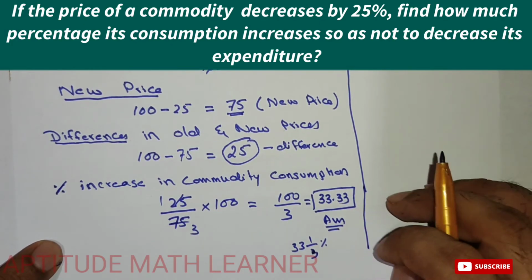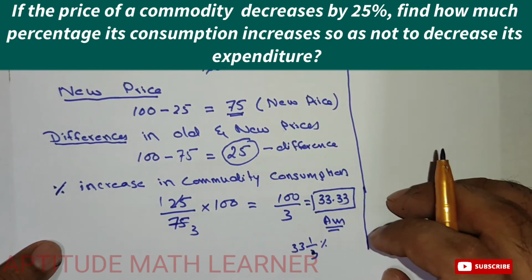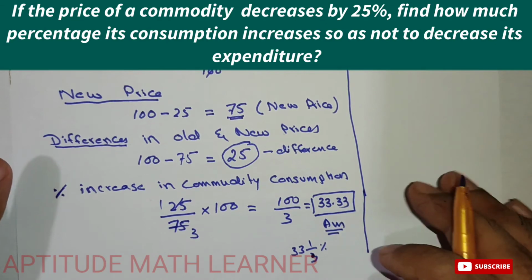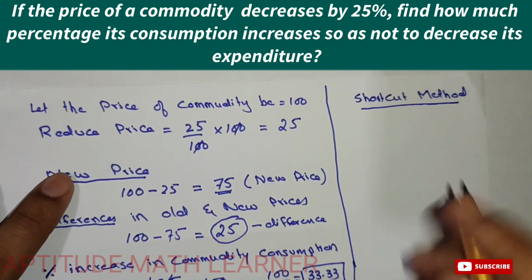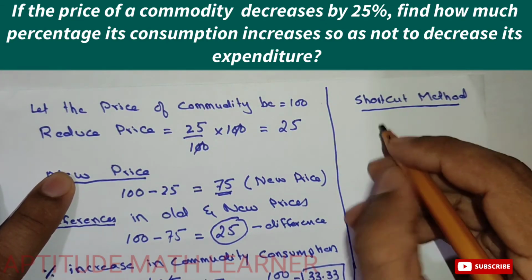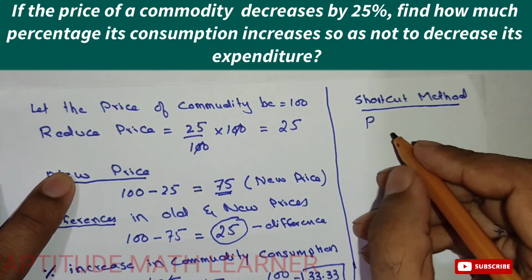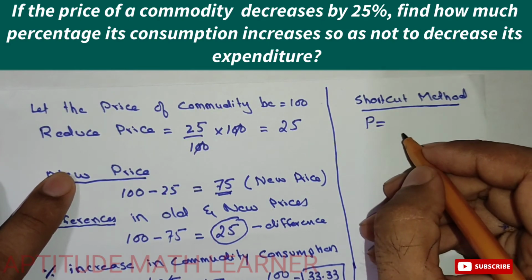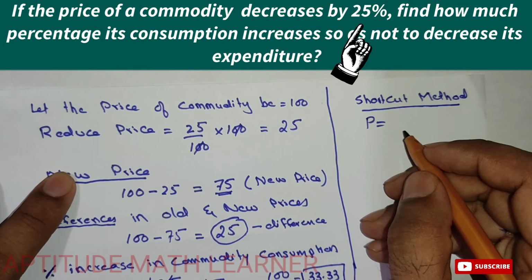And now for those who need a shortcut, the first thing we take is, let the price change be P. So we take P, and how much is the change? That is 25%.